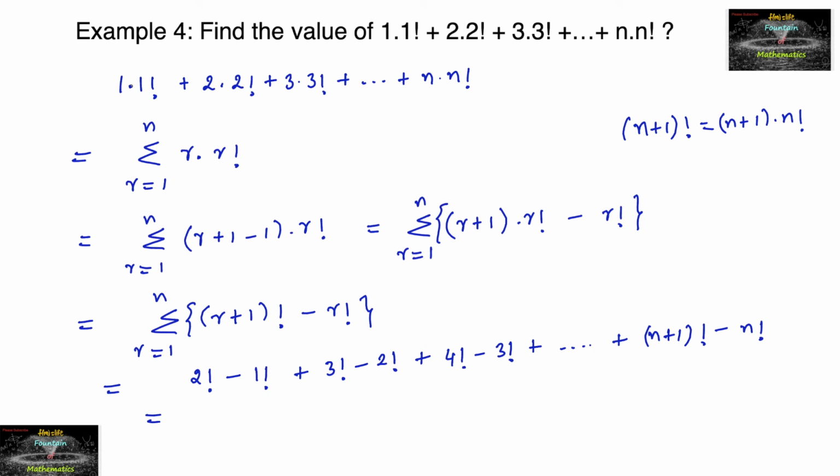So here we can cancel: 3 factorial gets cancelled, 2 factorial and 2 factorial get cancelled, and 4 factorial will be cancelled with the next number, and so on. n factorial will be cancelled with the before term.